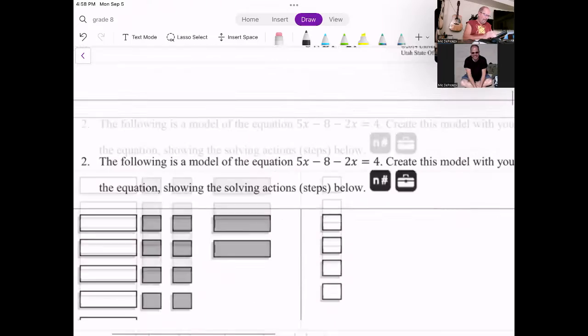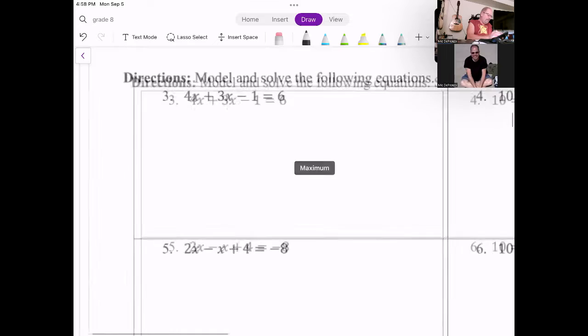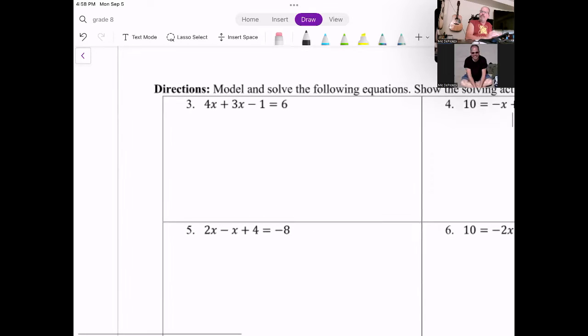So let's look at a couple here. So if we start with number 3, I'm going to combine the like terms that are on the same side of the equal sign. Let's make that clear. They're on the same side of the equal sign, so I can combine them.